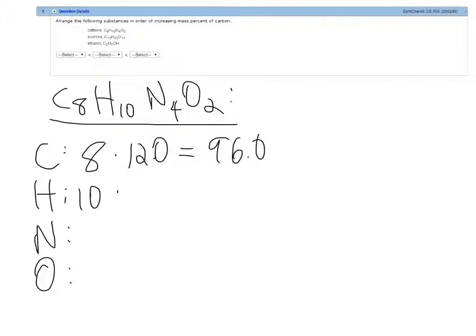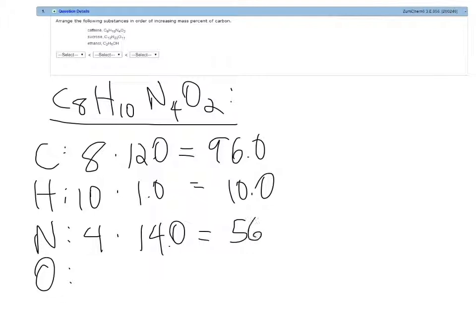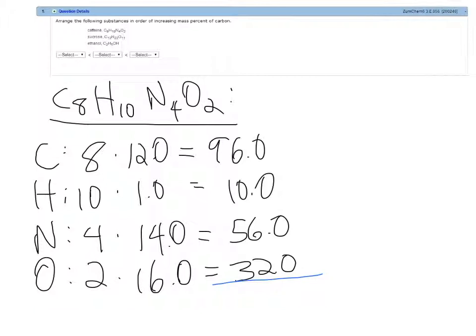There's 10 atoms of hydrogen, each with an atomic weight of 1. 4 atoms of nitrogen, each with an atomic weight of 14. And 2 atoms of oxygen, each with an atomic weight of 16. When you add all that up, you get a molar mass equal to 194.